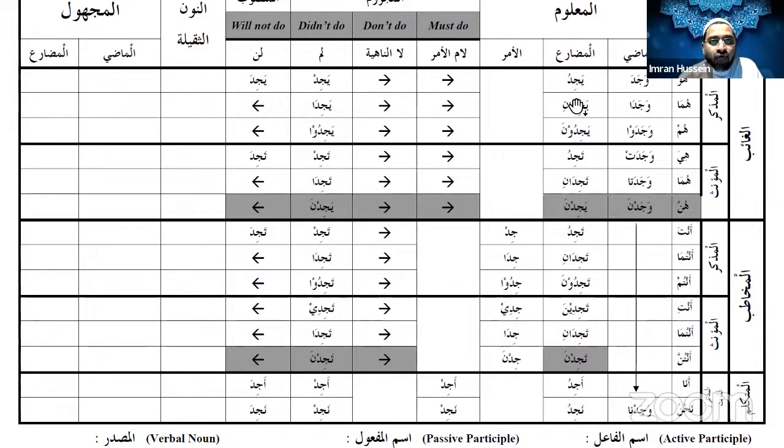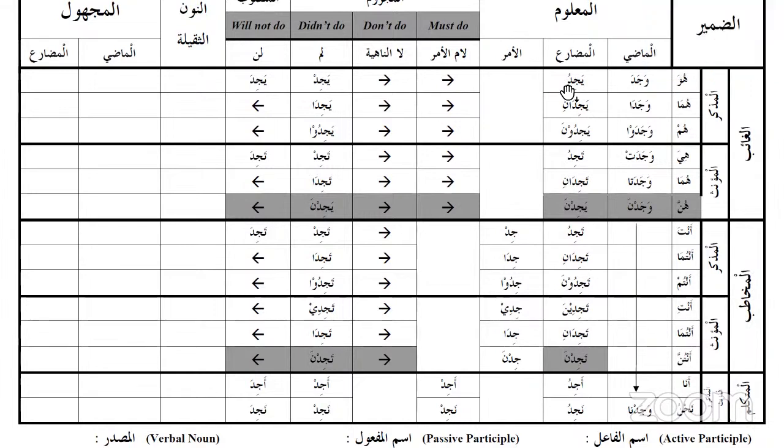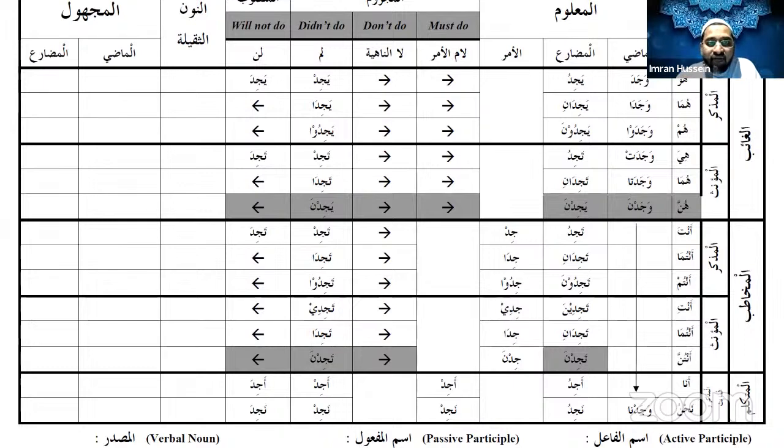It was difficult for the Arabs to read, so they omitted the waw and instead said yajidu. This is an exception with regards to weak letters. Whenever there are weak letters, there are exceptions in how the present tense comes. So the waw has been dropped and you are only left with two letters, yajidu.